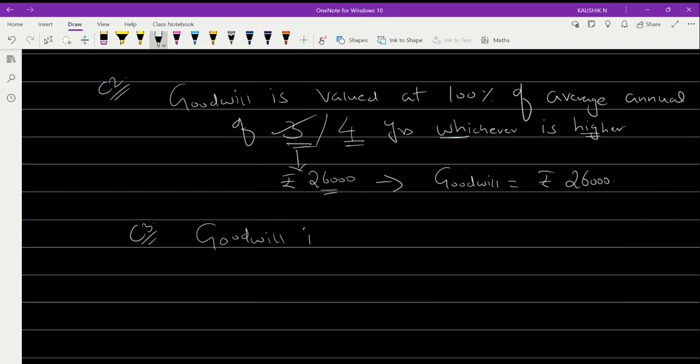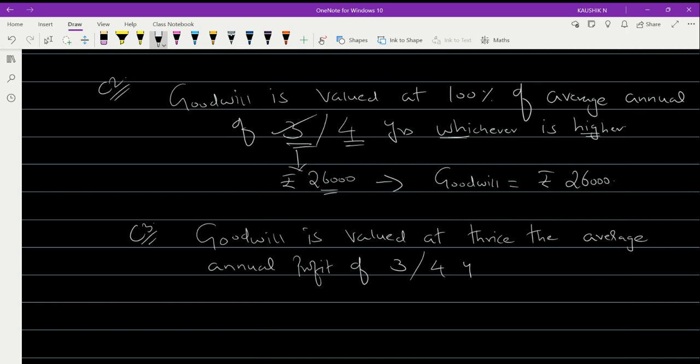Goodwill is valued at thrice the average annual profit of 3 or 4 years, whichever is higher.